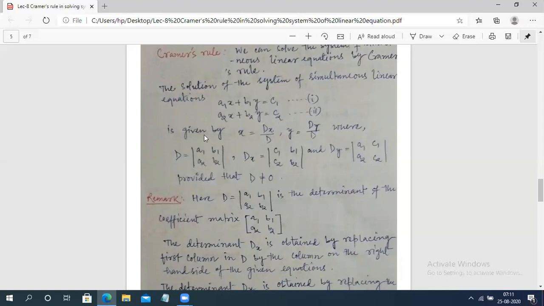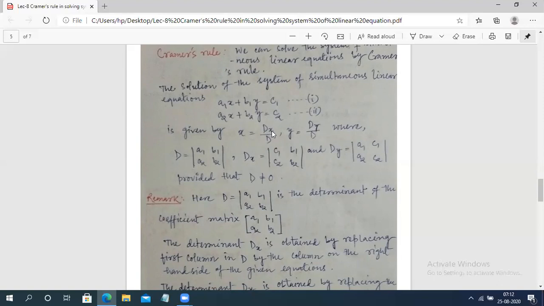So the formula to find the variables x and y is given by x equal to dx by d and y is equal to dy by d. These are the notations. In the subscript we can write x, or you can write 1 also, and for y we can write d2 also.